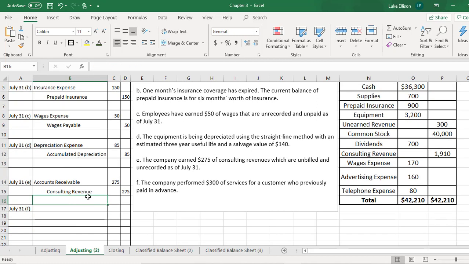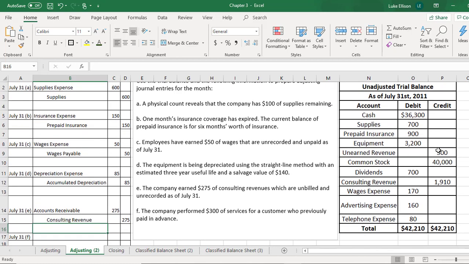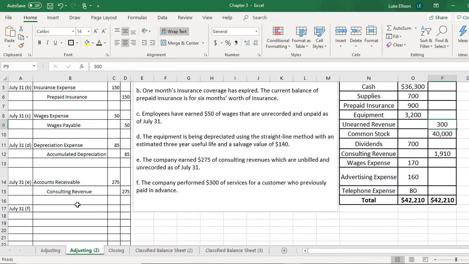Alright, Part F says the company performed $300 of services for a customer who previously paid in advance. Now, if you have a customer who pays in advance, we usually call that an unearned revenue. But now we've actually performed that work. So now we're going to have to decrease this unearned revenue because now we've actually earned it. So that's going to have to be a debit to unearned revenue for $300. Since we've done that work, that's got to be consulting revenue now, since we've earned that.